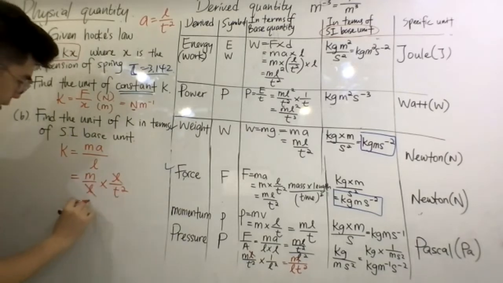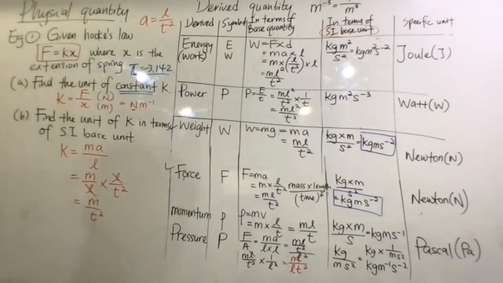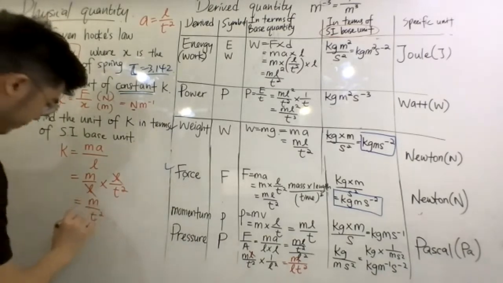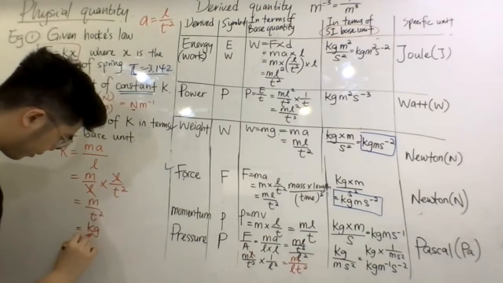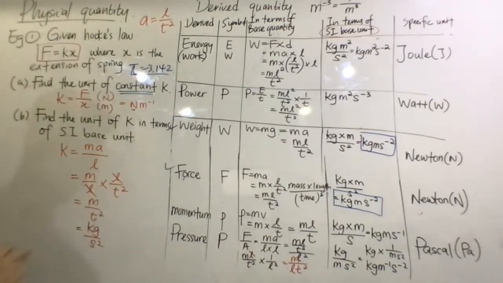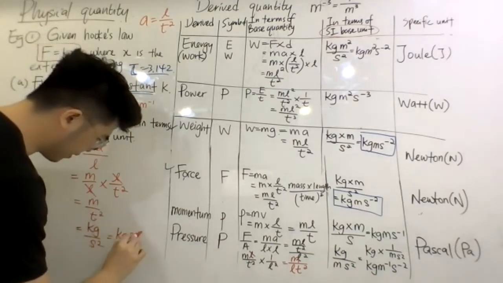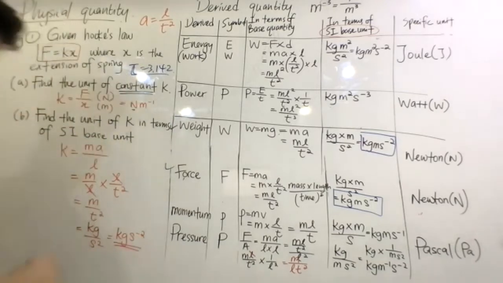Cancel, cancel. M over T squared. So M, this is kg. This is second squared. kg over second squared equals to kg second minus 2. That is my answer.